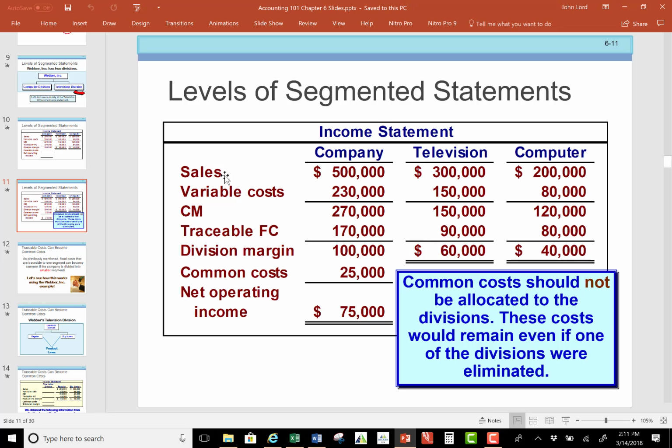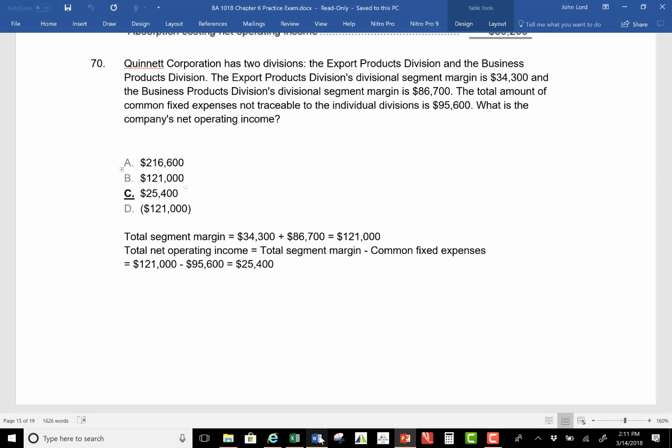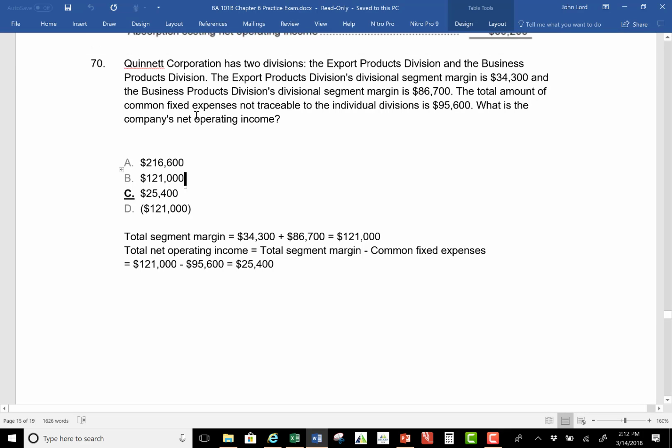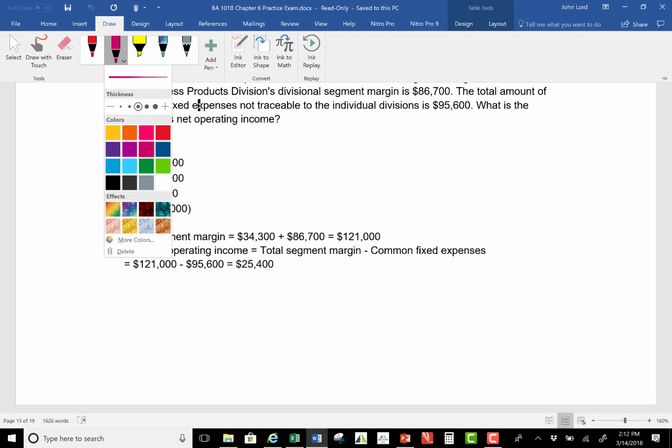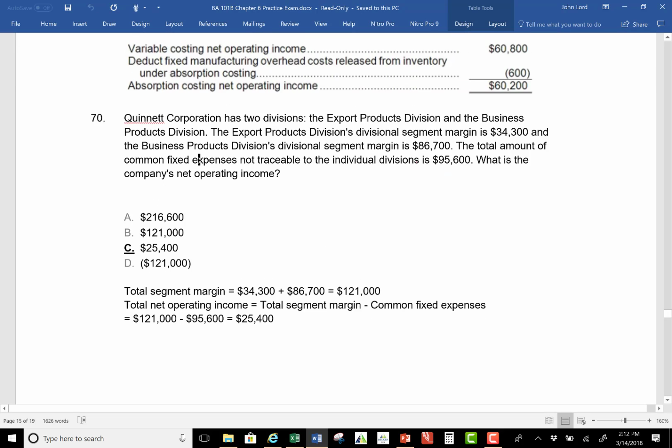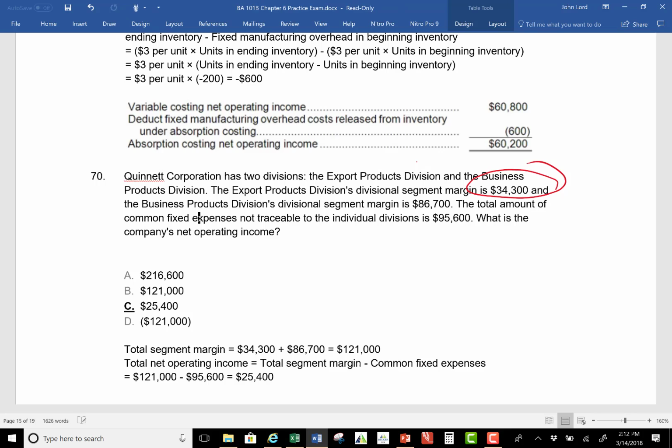If you look at this question, it's really testing your understanding of that concept by giving you the segment margin of one division and of the other division.